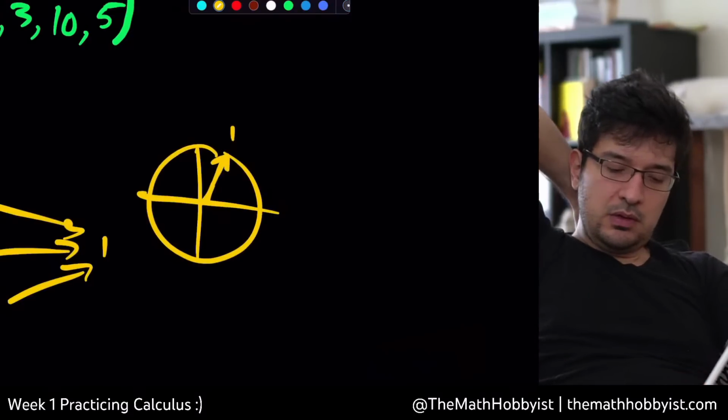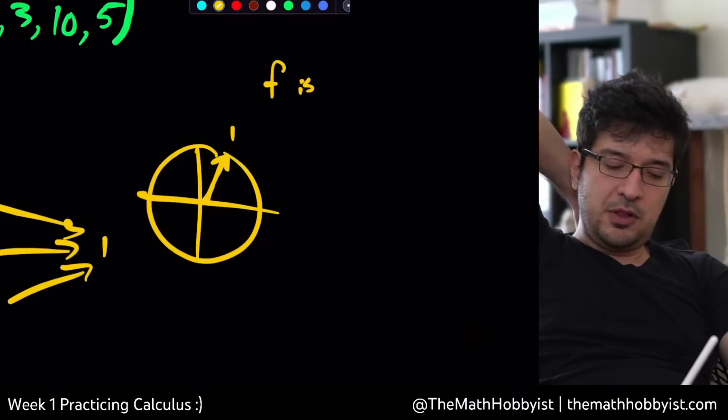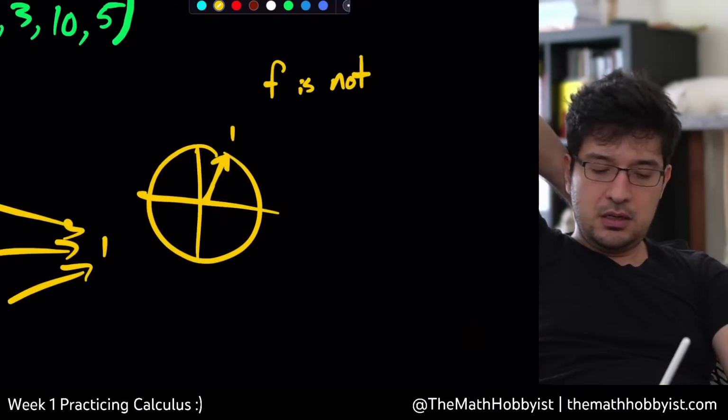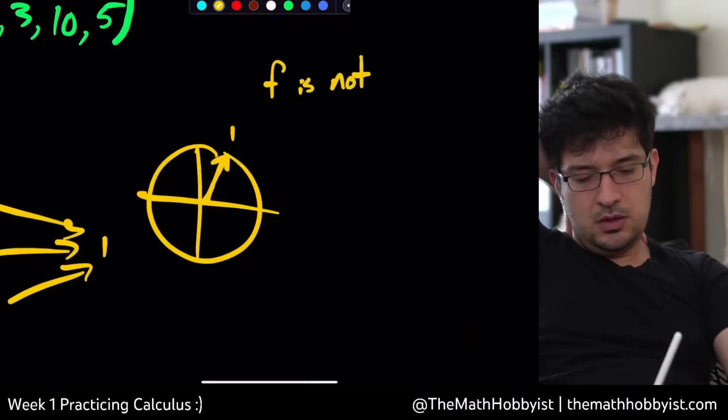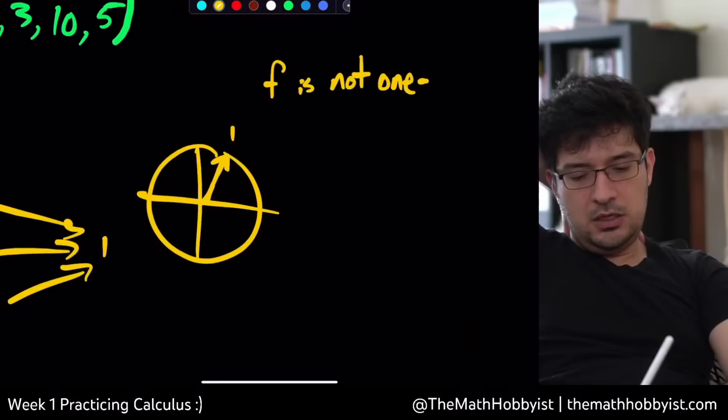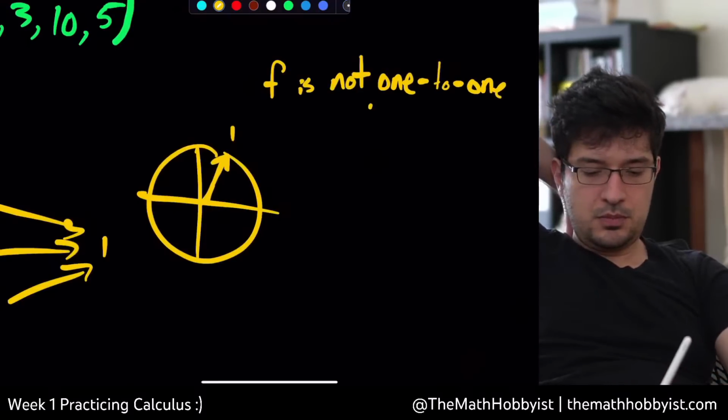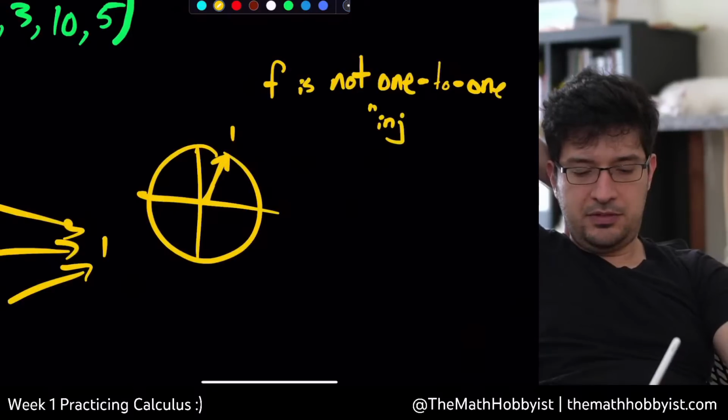So this is an example of a function. F is not 1 to 1, which fancy talk is going to be injective.